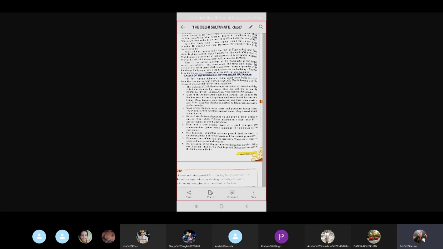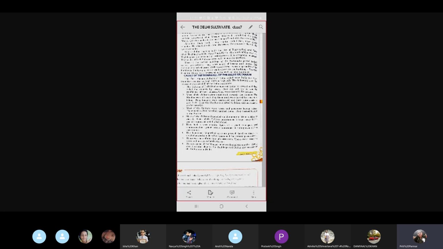Number eight, the invasion of the Mongols also weakened the empire. Timur struck a fatal blow to the Tughlaqs, and Babur put an end to the Sultanate in Delhi. So now there was constant attack from the Mongols. This weakened the empire. There were attacks from Genghis Khan.